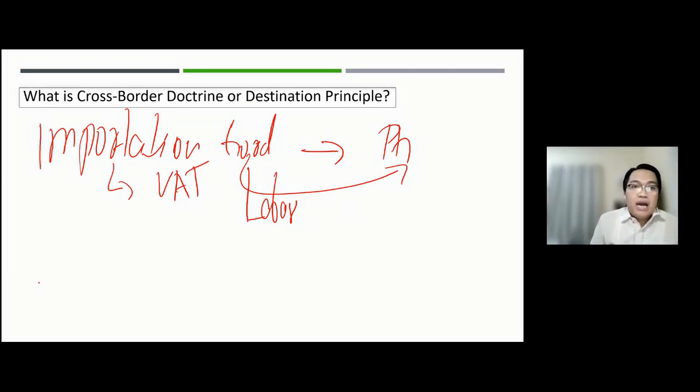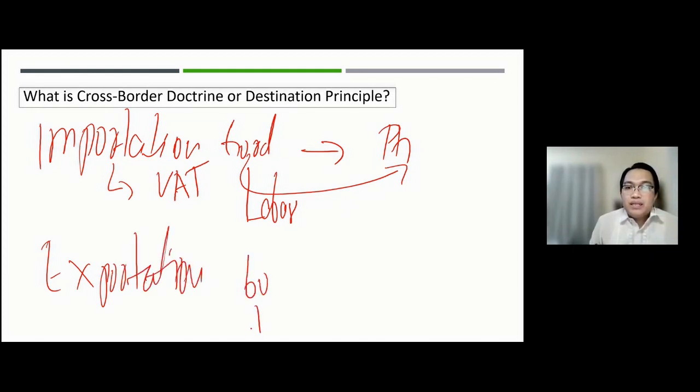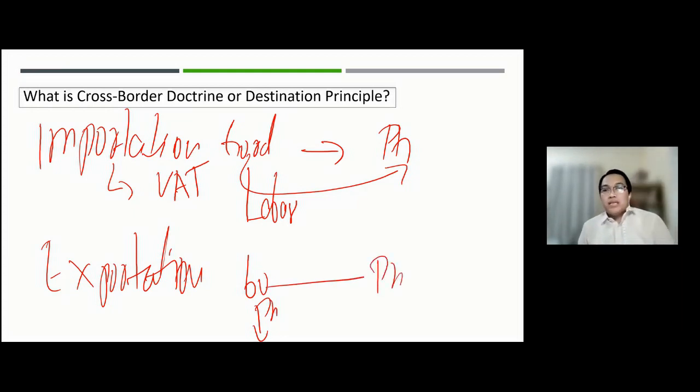Okay? How about exportation? Goods are in the Philippines and to be taken out of the Philippines actually or constructively. So goods are destined to be consumed outside the Philippines. That's why export sale of goods are either zero rated or VAT exempt.